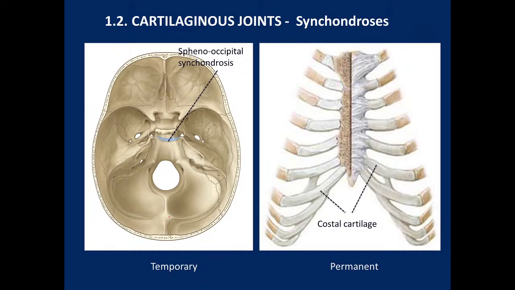So most cartilaginous joints are immovable joints. The articulating bones in such joints, I mean cartilaginous joints, are tightly connected either by hyaline cartilage or by fibrocartilage.